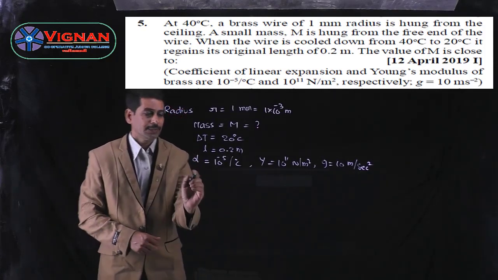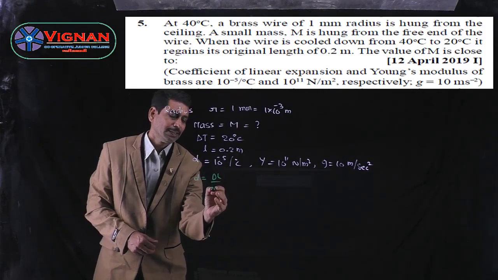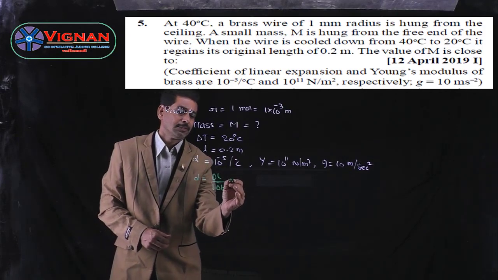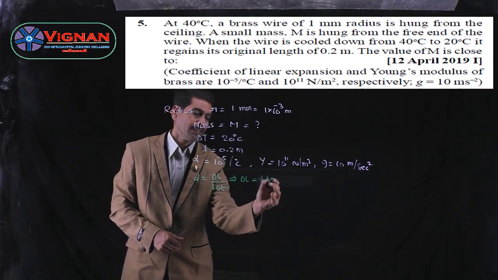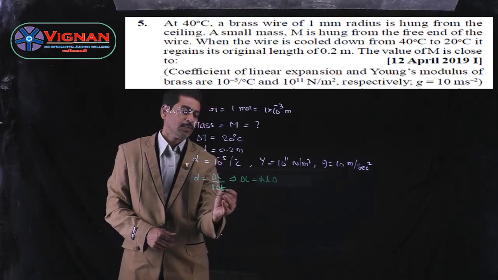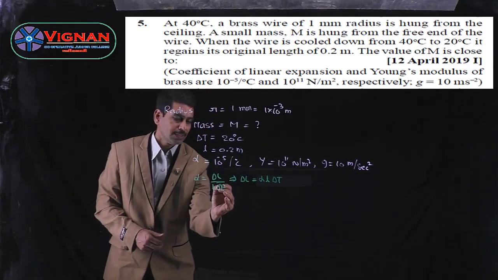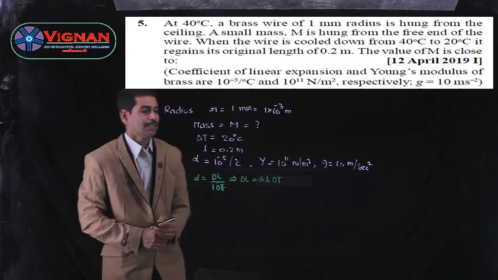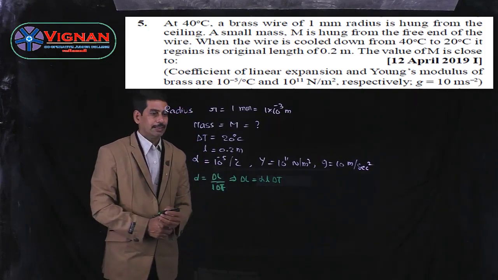From the formula of alpha, which is delta L by L into delta T, delta L is given as alpha L into delta T, where delta T is the change in temperature. So you can find the value of change in length.